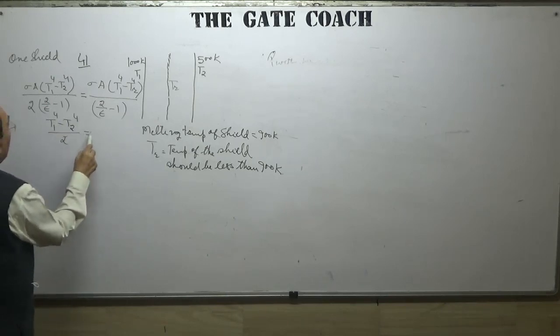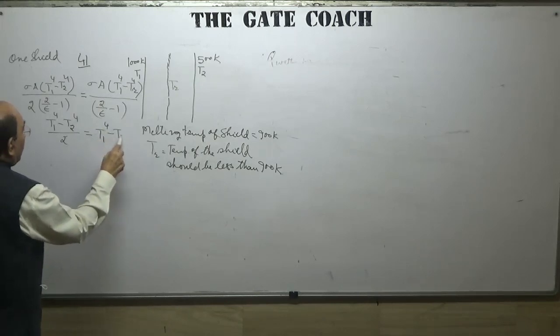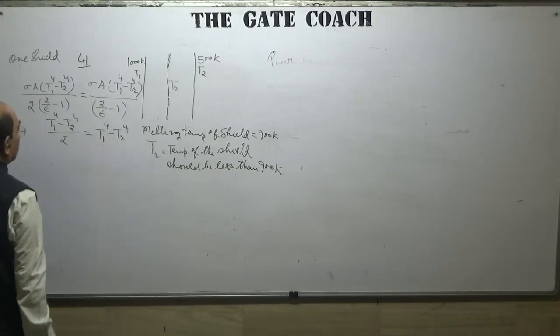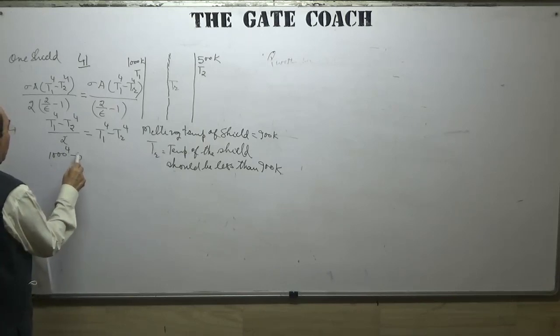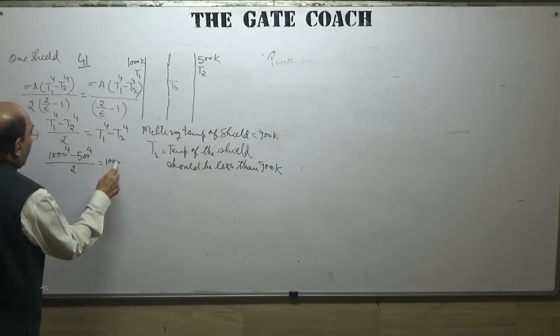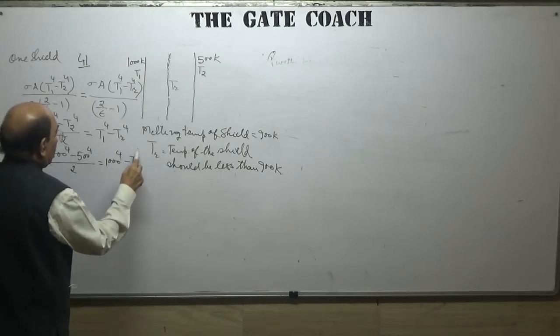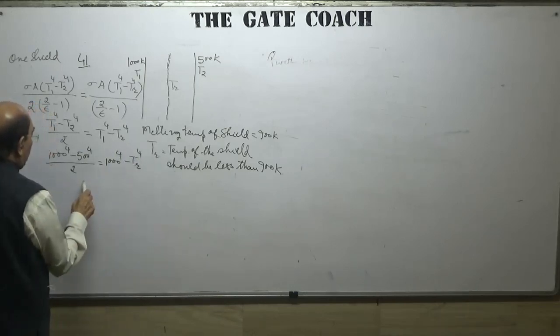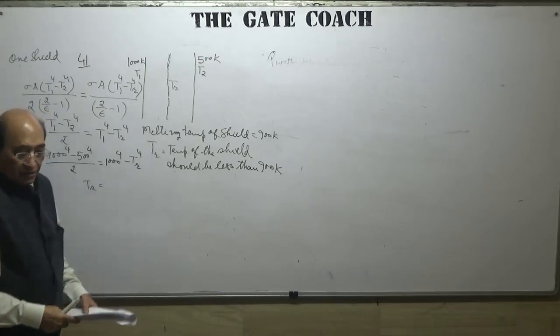upon 2 is T1^4 minus Tr^4. T1 is 1000 raised power 4, T2 is 500 raised power 4, upon 2 is 1000 raised power 4 minus Tr raised power 4. And we have to determine the temperature Tr.